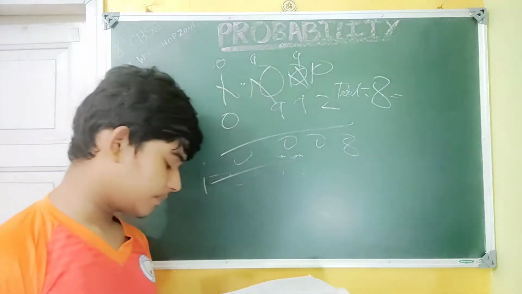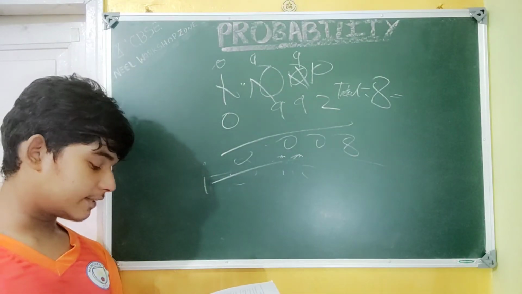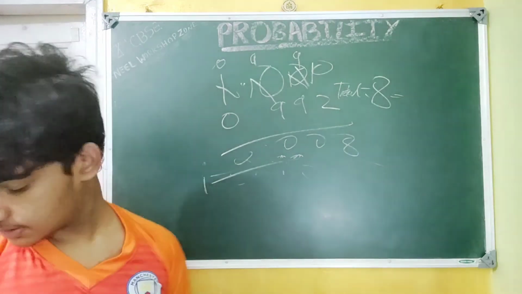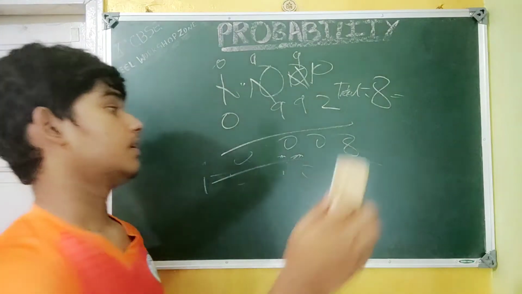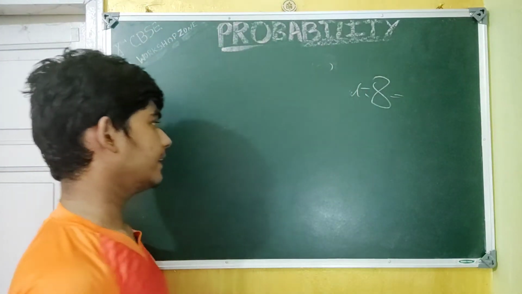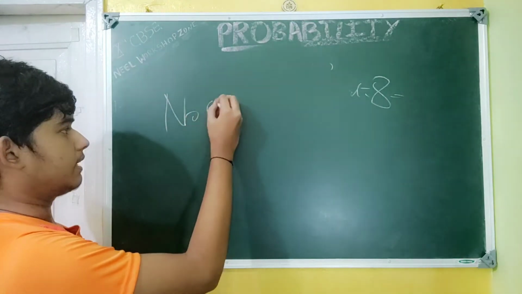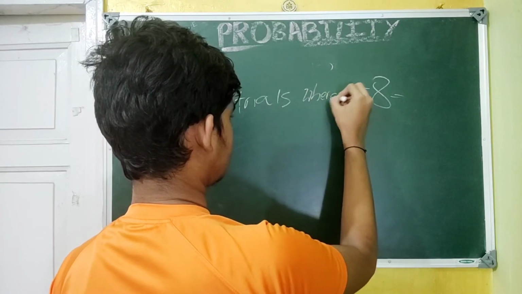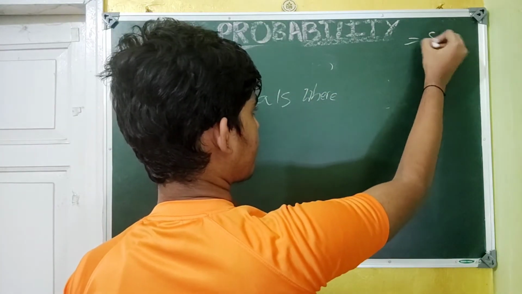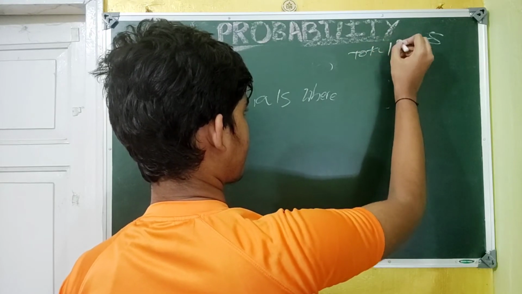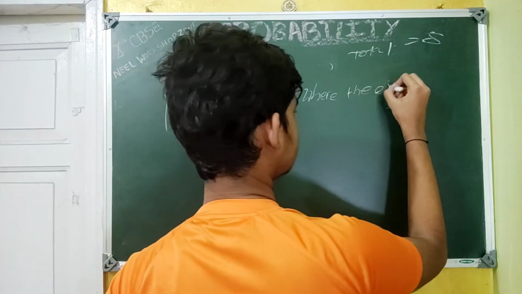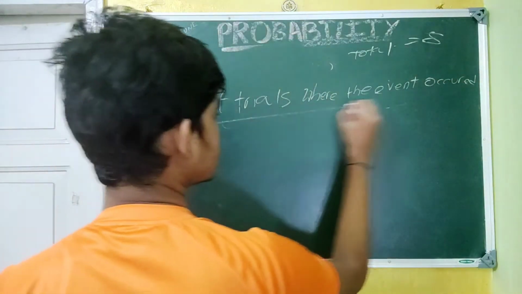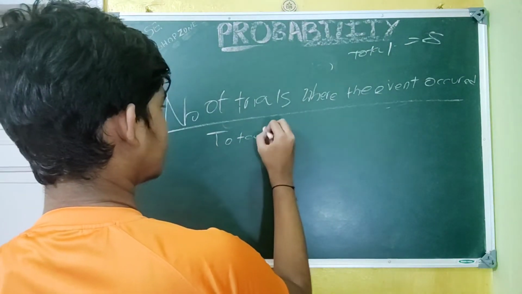And now let's write, a ball is drawn at random from the bag. What is the probability the ball drawn is red? So now it's time to use the formula. Let's write the formula: number of trials where the event occurred, divided by total number of outcomes.